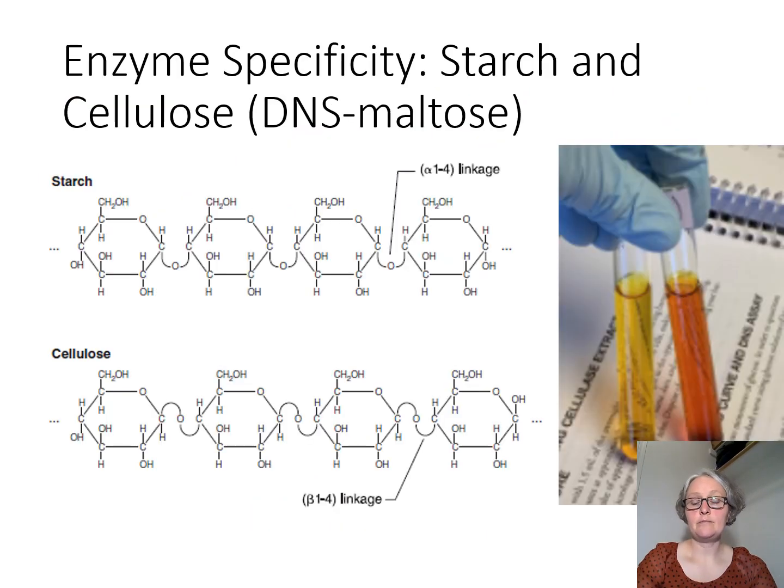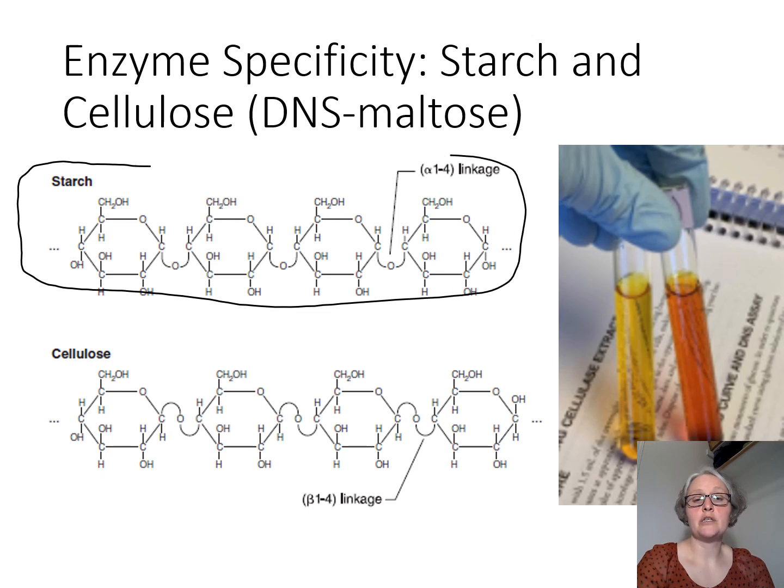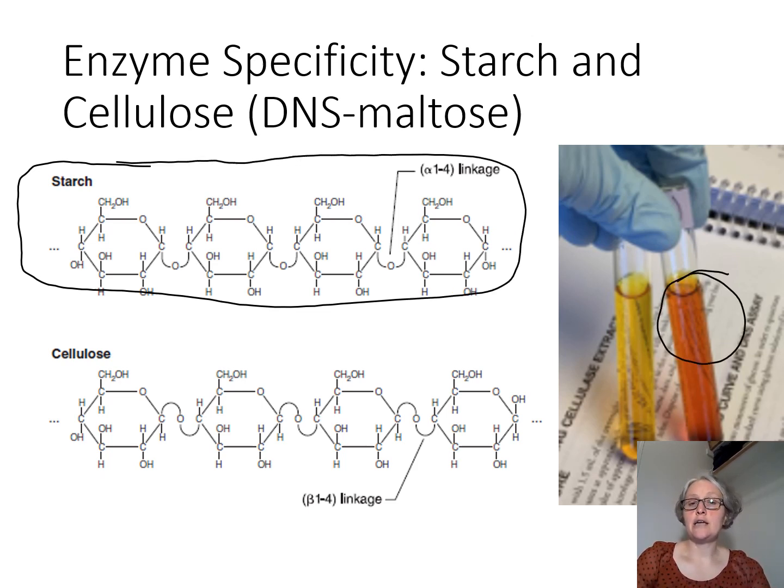The last experiment, we looked back again at starch and cellulose to see if there was any specificity. So we took our enzyme amylase and we added it and tried to see if we could get any sort of maltose production. When you took the enzyme plus starch, as predicted, you got a nice dark reaction.